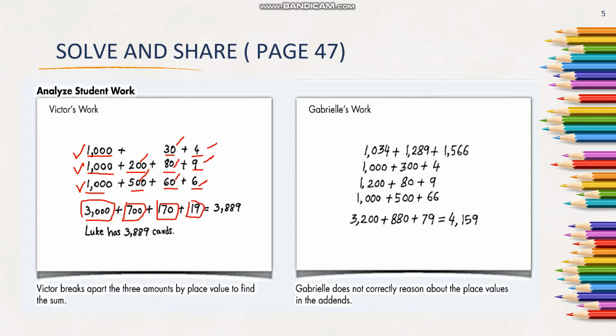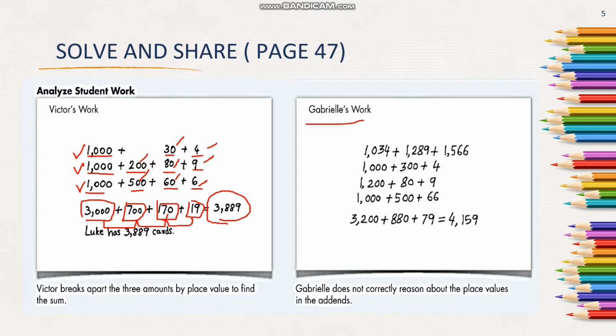And finally, he added 3,000 plus 700 plus 170 plus 19, so the total sum is 3,889. So Luke has 3,889 cards.